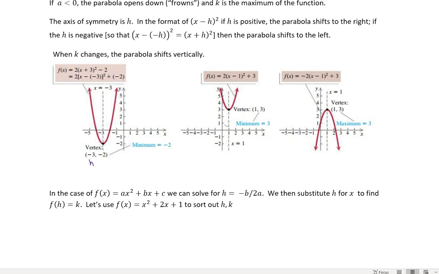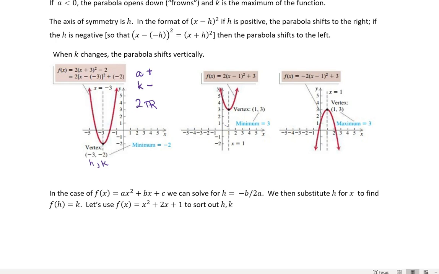So there's our h, here's our k, and our k, this is a -2, so it's going to move down below the x-axis, right? It's going to be down below the x-axis on this particular shape. Now, because a is positive and our k is negative, we are going to have two real solutions.